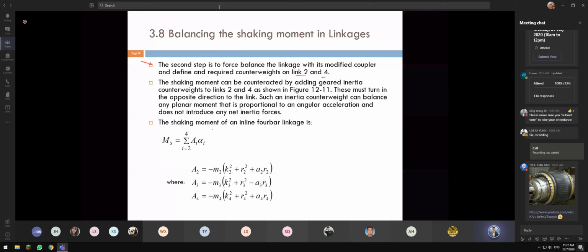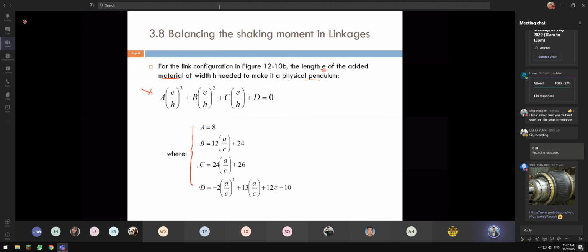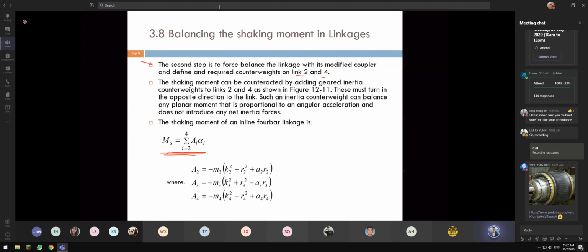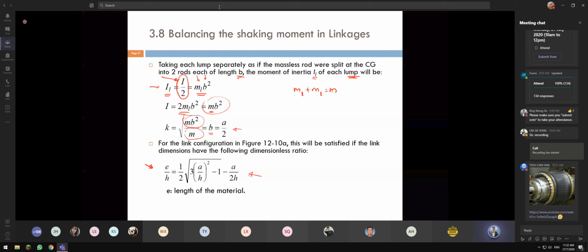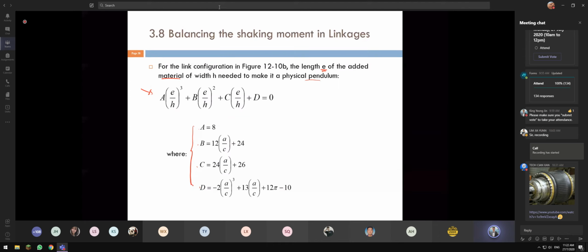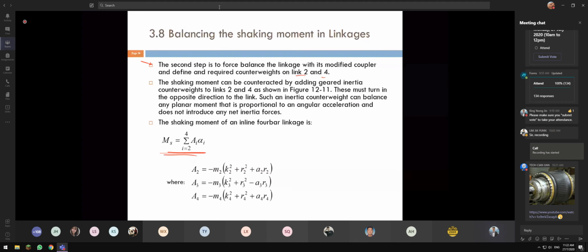So the shaking moment of an inline 4-bar linkage will be given as this. What it means here is how we calculate the shaking moment for the inline 4-bar linkage.